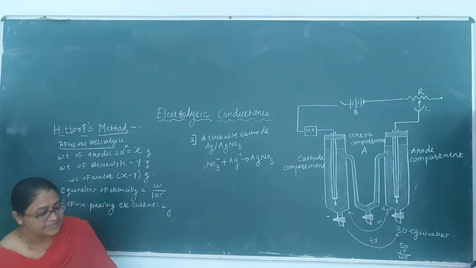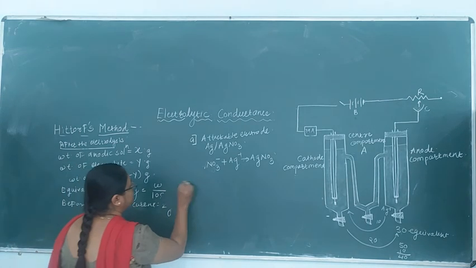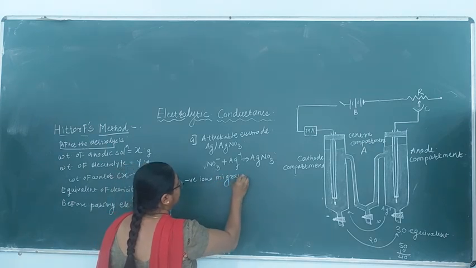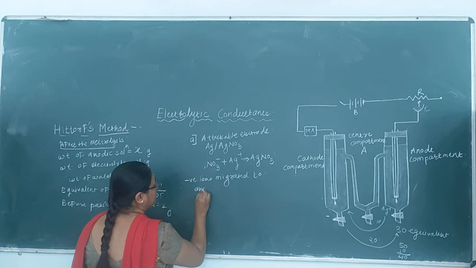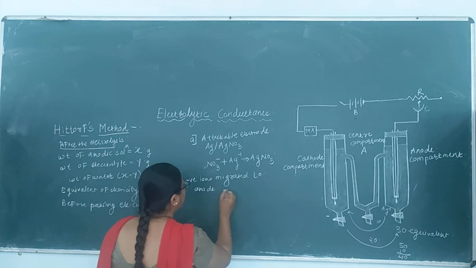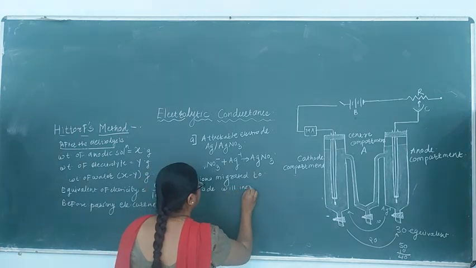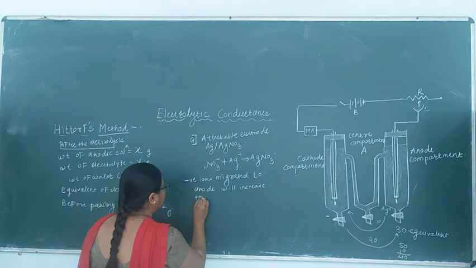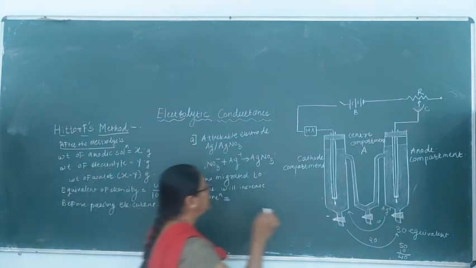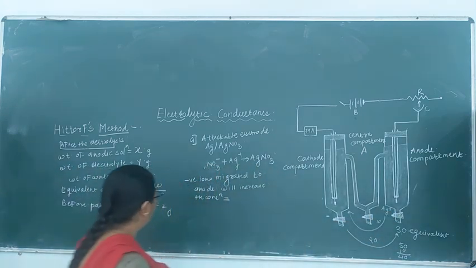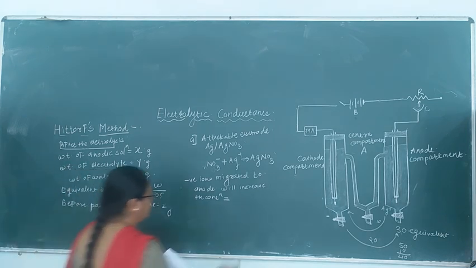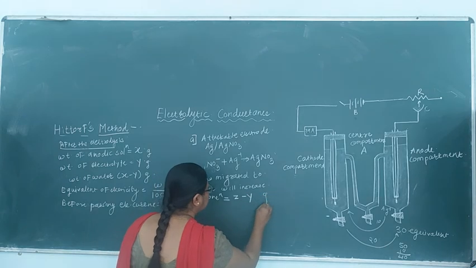The negative ions migrated to the anode will increase the concentration, which is equal to, initially how much was in this, we considered Z grams, right, and whatever has increased, that is Z minus Y grams.